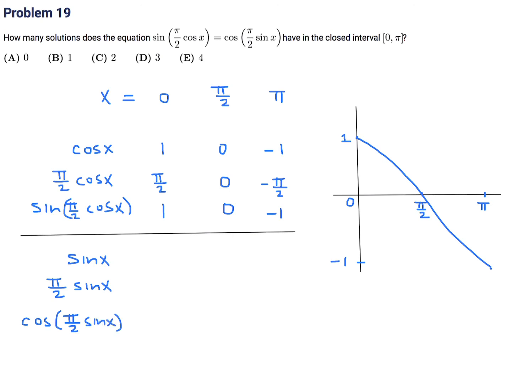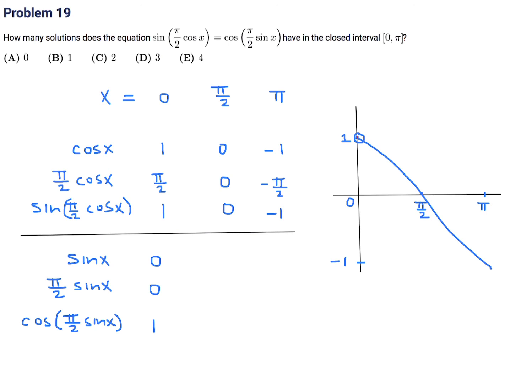So when x is 0, sine of x is 0, and therefore this becomes 0. And then we have the cos of 0, which is 1. So 0 would give me 1. So, well, we're right back here. So obviously that's 1 point of intersection. Okay, that's good. Let's just put a little red dot there.